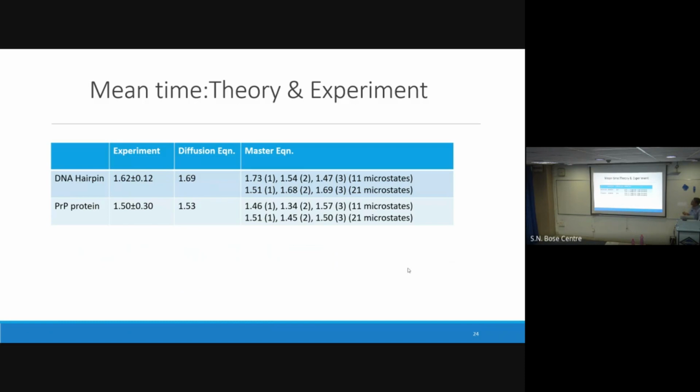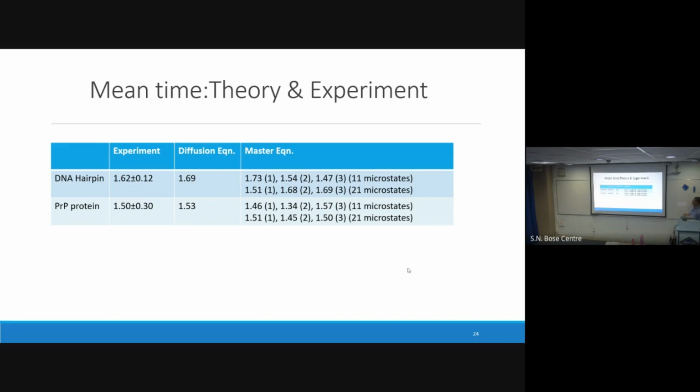Then we compare the mean time from theory and experiment. For the DNA hairpin, as I mentioned, the reduced unit is 1.62 with an error bar of plus or minus 0.12, and for the PrP protein it is 1.5 plus or minus 0.3. The diffusion equation gives results very close to the experiment for both cases, and from the master equation using 11 and 21, we see that in both cases we can get as close as possible to the experiment by using the same barrier height and well depth that we used earlier and discretizing the barriers.